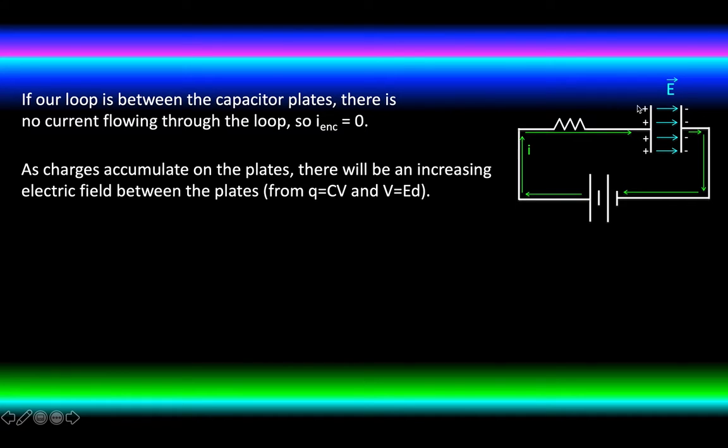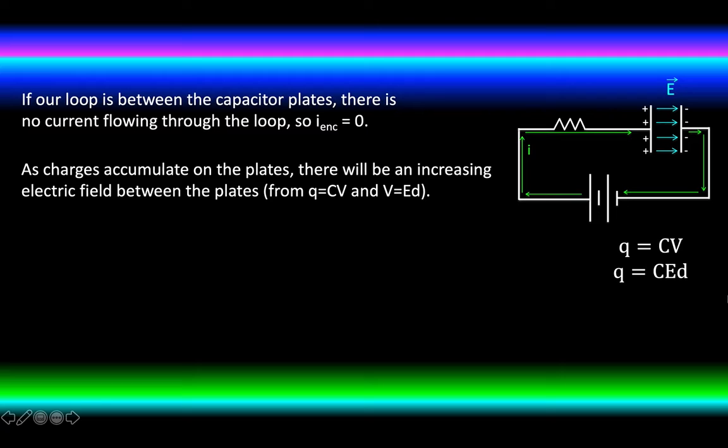So as the capacitor plates acquire charge, there will be a growing voltage between the capacitor plates. And also in chapter 17, we saw that as the voltage between the plates grows, there will be a growing electric field between the capacitor plates. So the charge on the plates grows, causing a growing electric field between the plates.